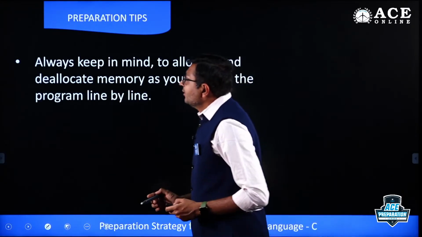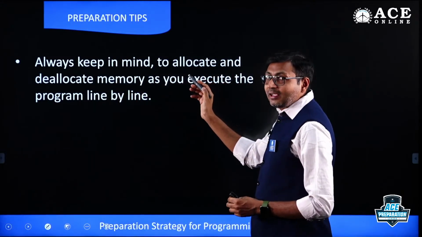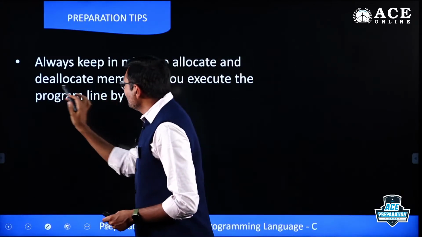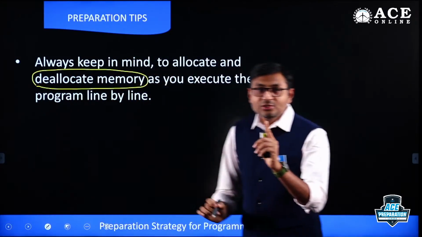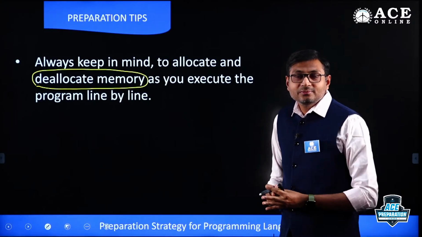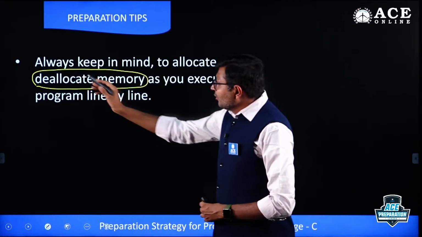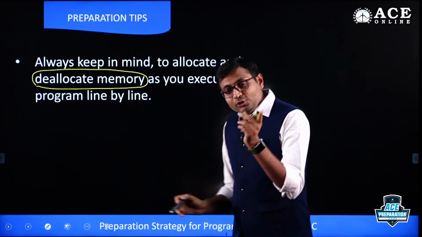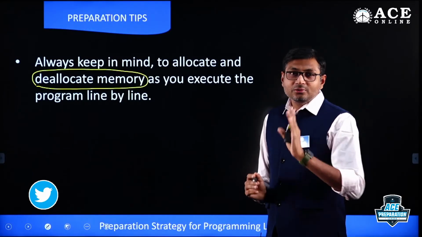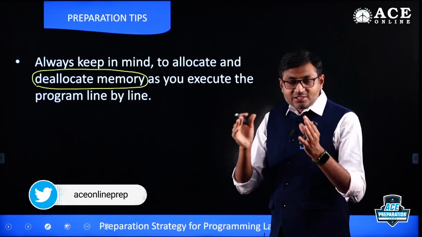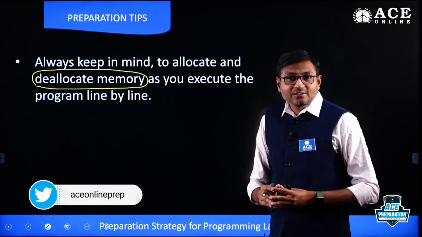Now, always keep in mind to allocate and deallocate. I talked about allocation, but I now want to talk about the deallocation of memory as you execute. If you are allocating memory, then you have to deallocate at some point also, because questions can be framed like dangling pointer and memory leak.